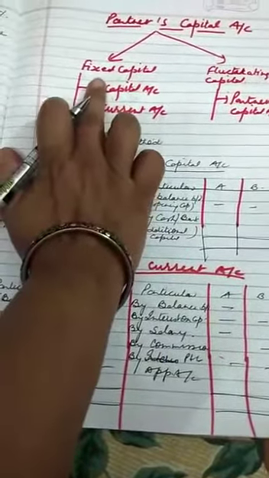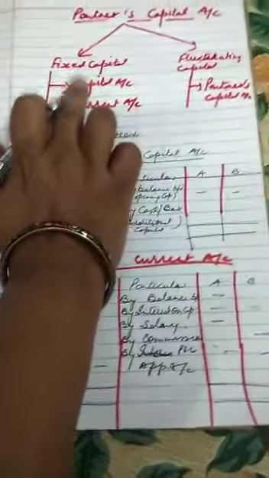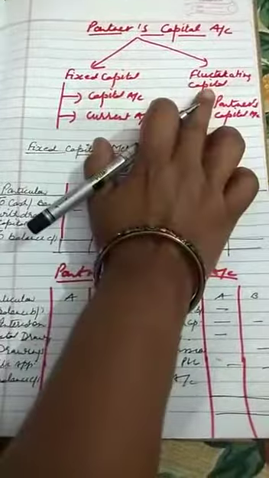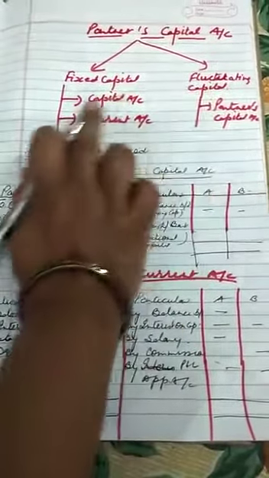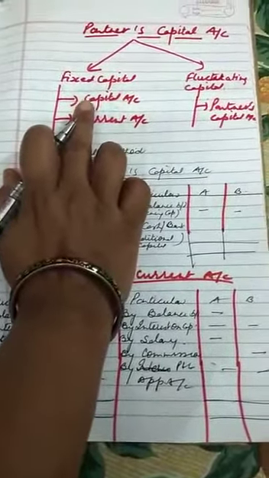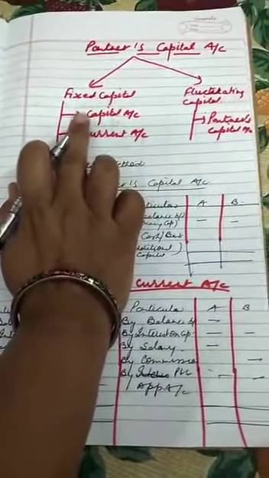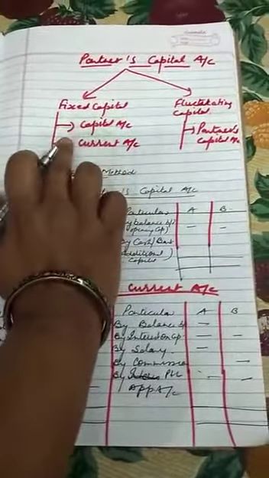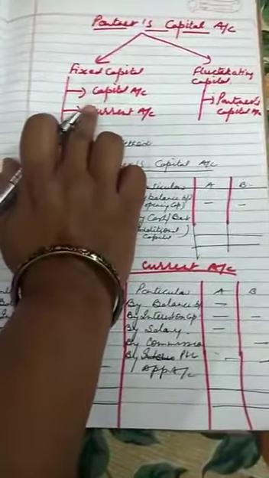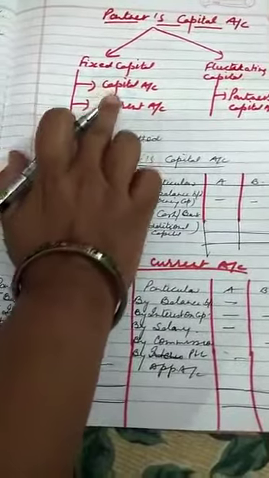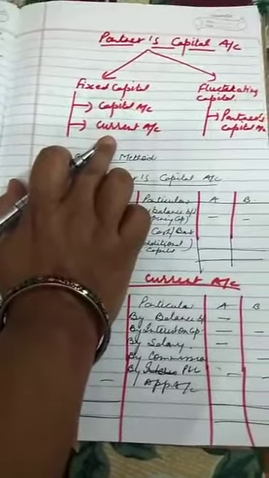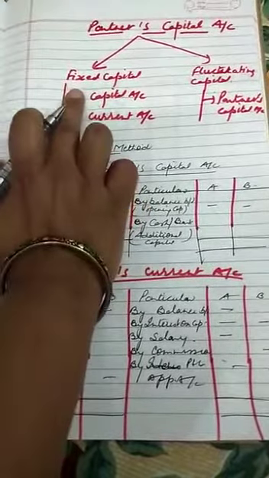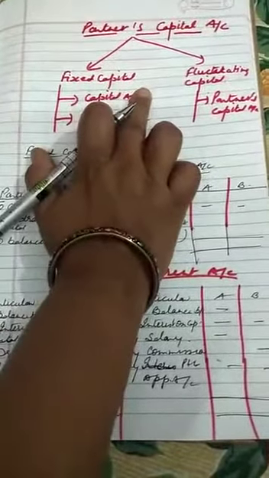So, how do we identify which method to use, the fixed capital method or the fluctuating capital method? When in the question the capitals are stated as fixed, or when the capital as well as current account balances are given in the question, we use only the fixed capital method.